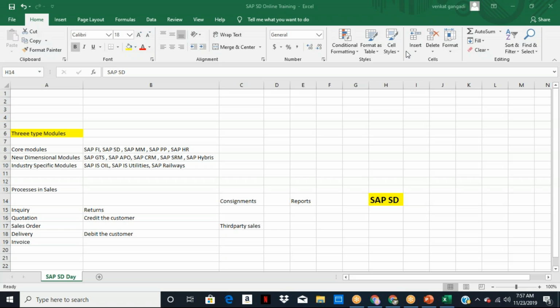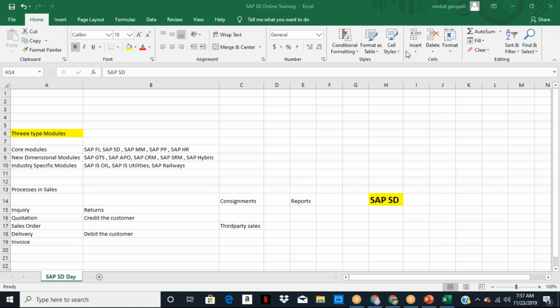The sales order requirement, say 100 quantity, will be communicated to the production department automatically. We have something called schedule lines, which we will discuss later. With the help of the schedule lines of our SAP sales order, the requirements will be transferred to the production department. That is called integration.